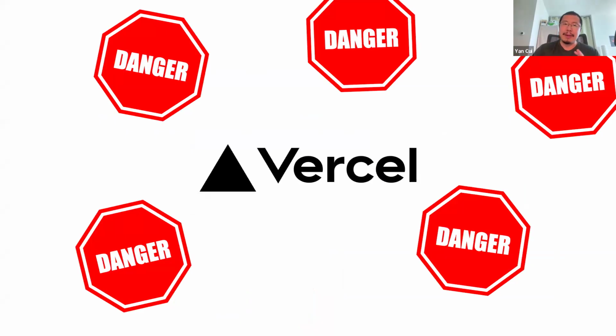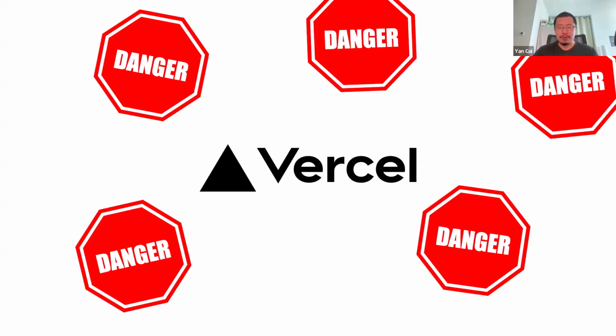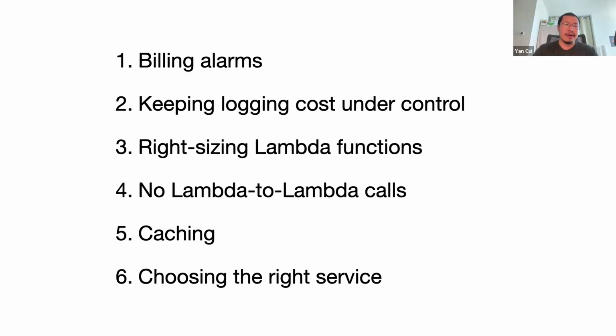Whereas AWS only has billing alarms, which don't stop you from doing more once you hit your budget, Vercel actually has a cost control spending cap so that you can say once I hit my limit, don't allow me to do anything more. So it gives you the option to choose downtime instead of overspending, whereas AWS doesn't give you that option. You just have a billing alarm to let you know that you hit your budget. What do you want to do now? And that's up to you.